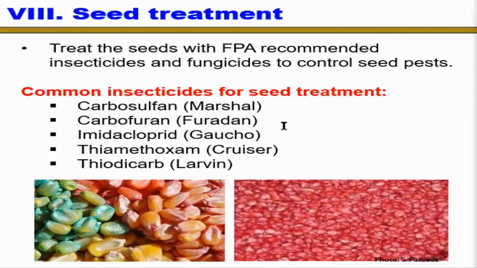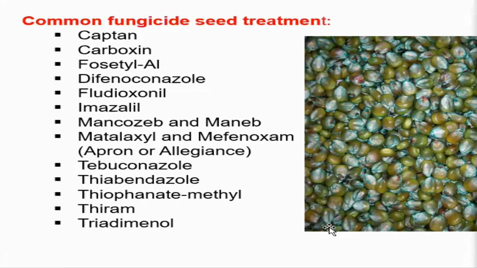And we also have different types of fungicide treatment, which are available at our farm supply if you need this kind of different active ingredient, as stated in our presentation.